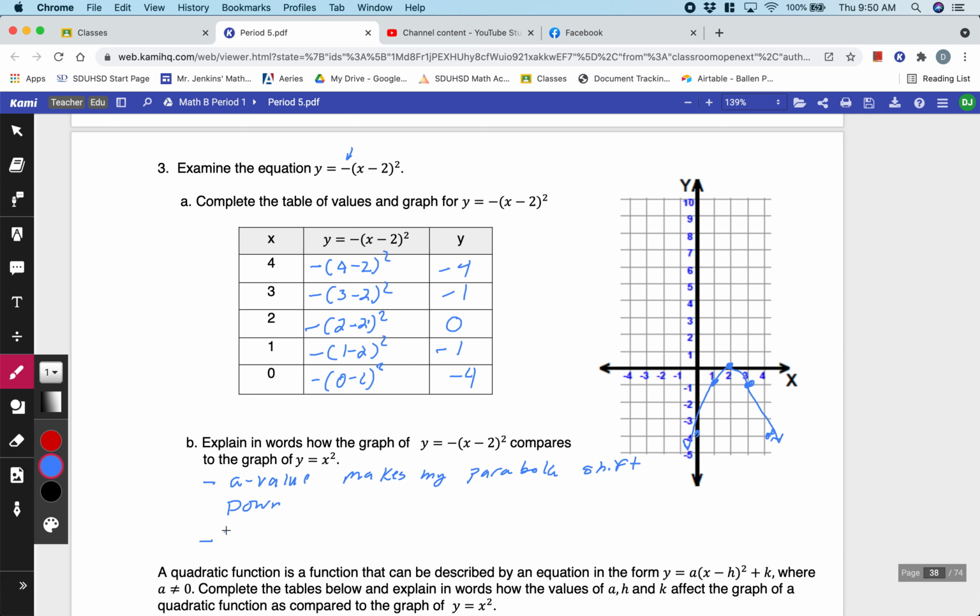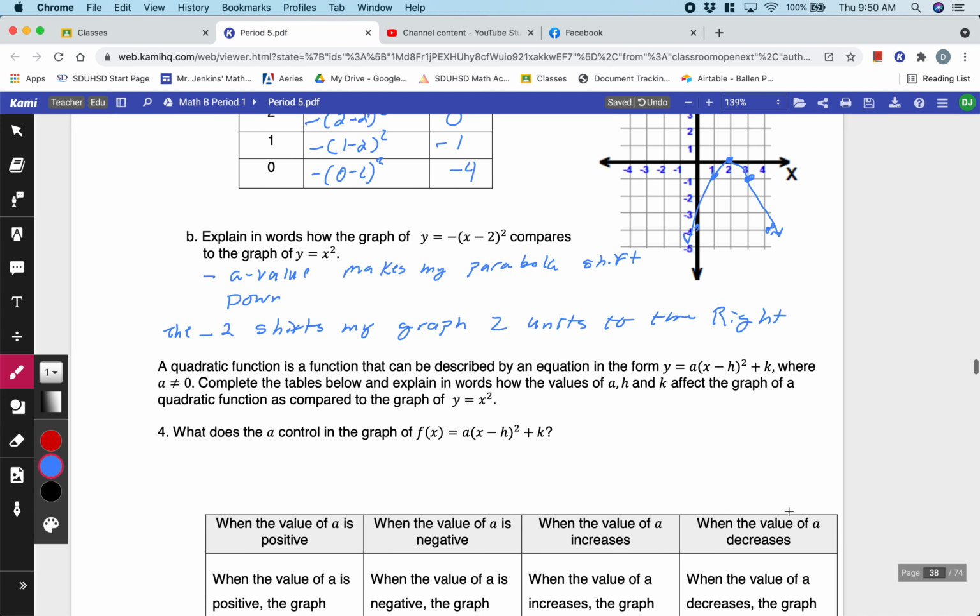And the -2 shifts my graph 2 units to the right. The -2 shifts my graph 2 units to the right.